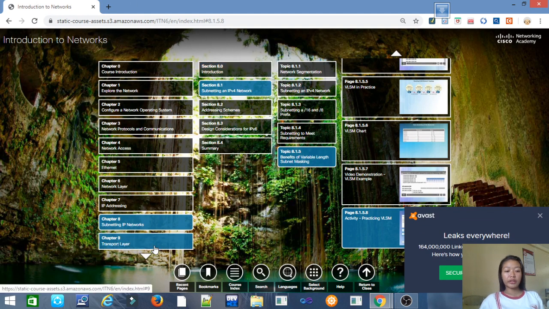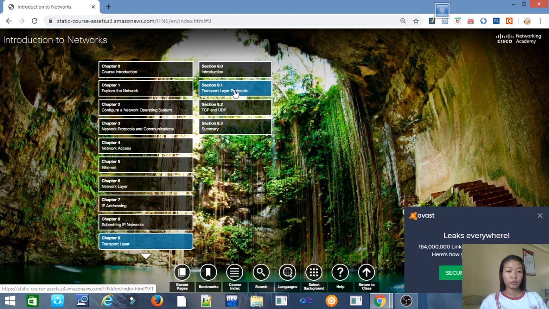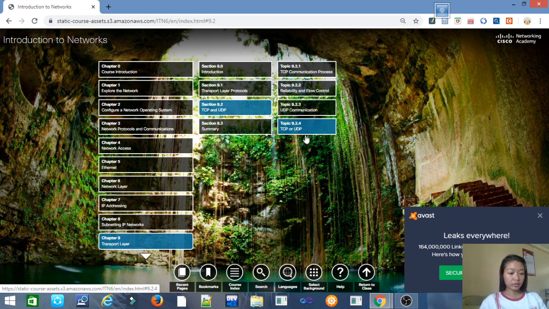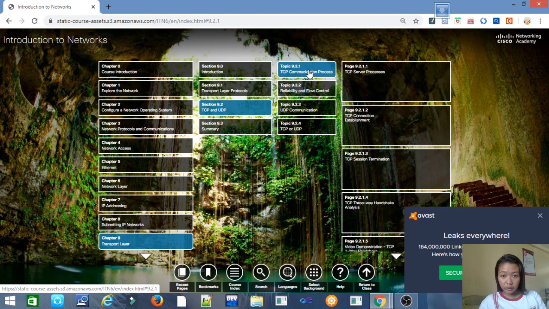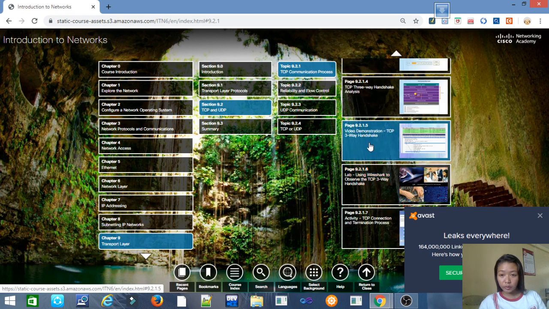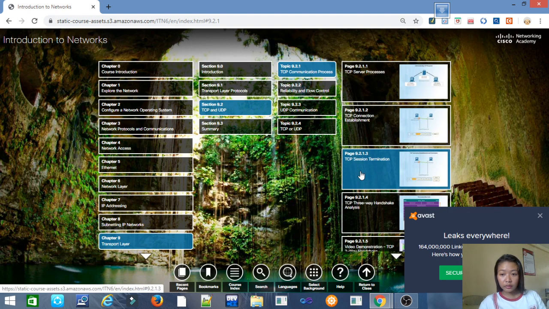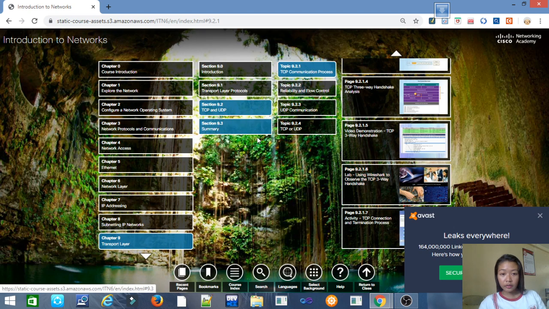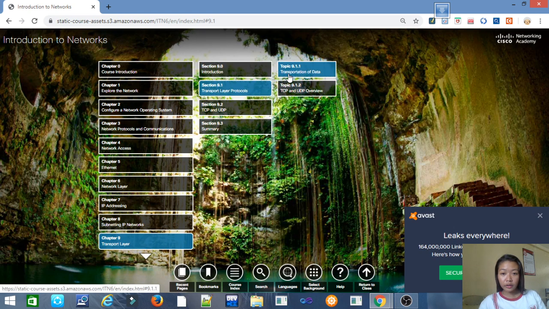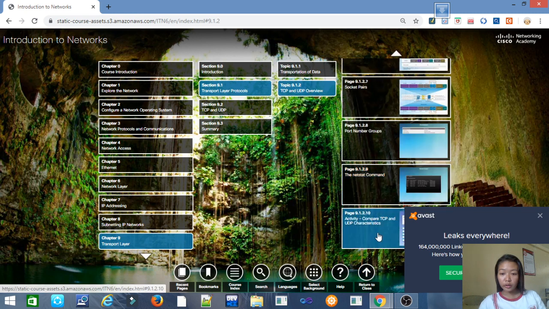The first activity, we will find it on page 9.1.2.1. 9.1.2.10.